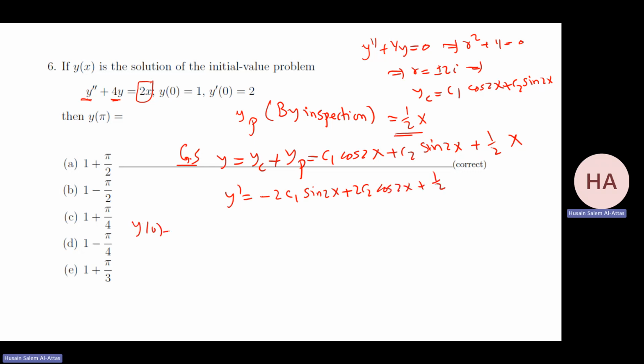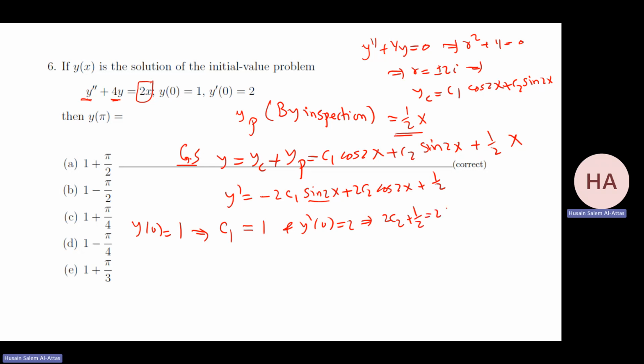So I have the condition y at 0 equals 1. So you have c1 times sine 0 is 0, so c1 equals 1. Good. y prime at 0 equals 2. So you have 2c2 plus half equals 2.